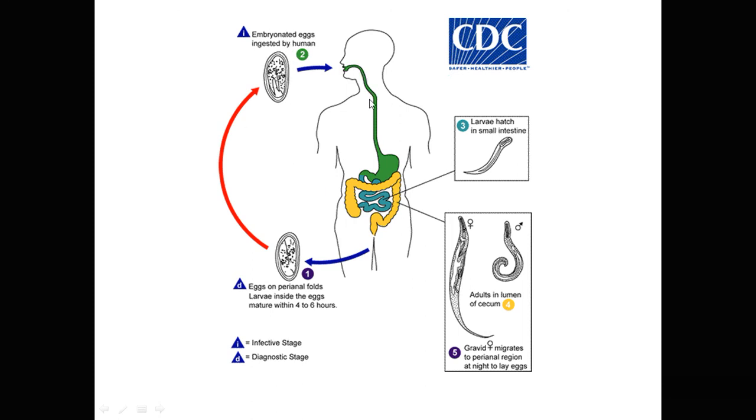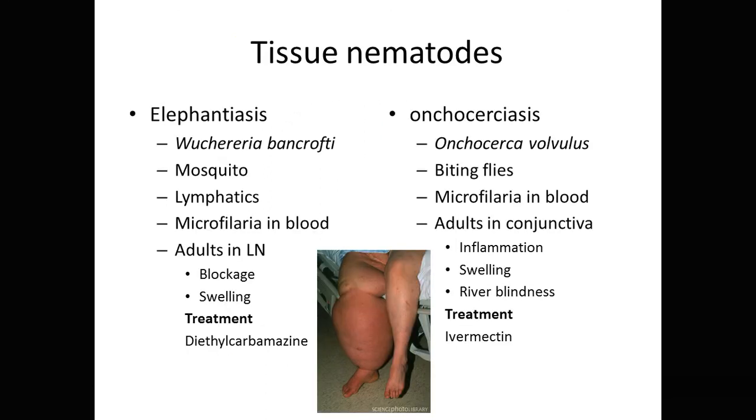Yeah, so eggs get into the GI tract, and we get adult worms. Adult female comes out in the anal area, develops the egg, and there's some scratching, and contaminates the nails and hands, and can contaminate different objects.